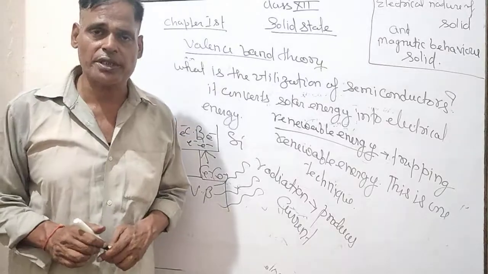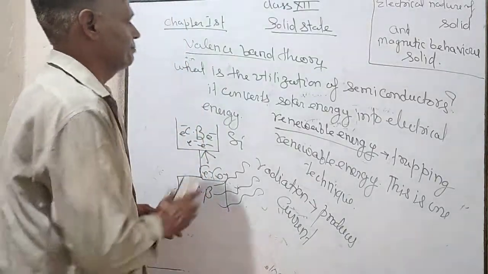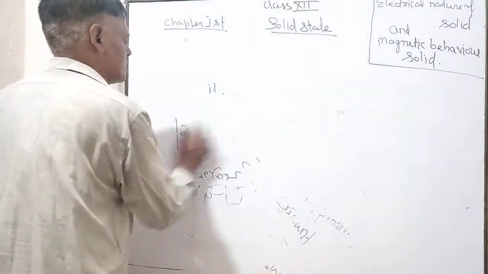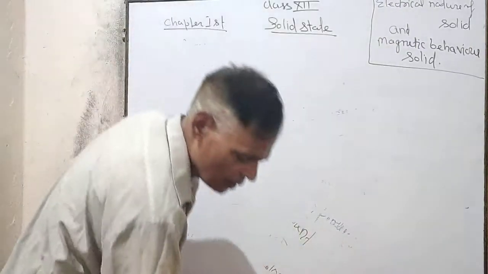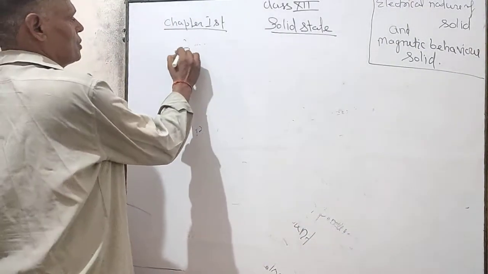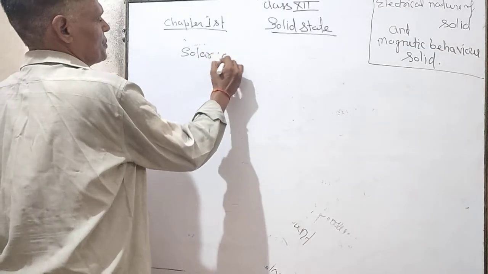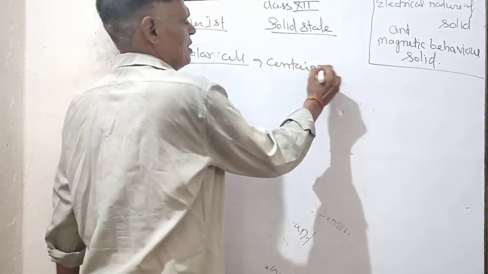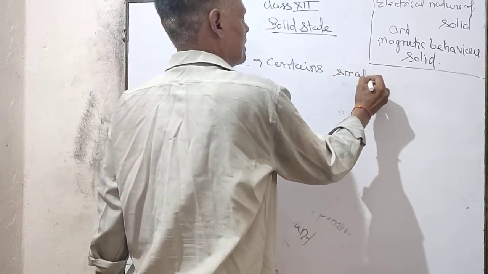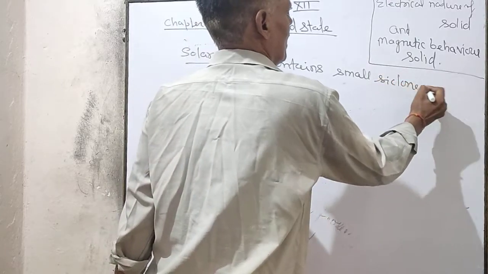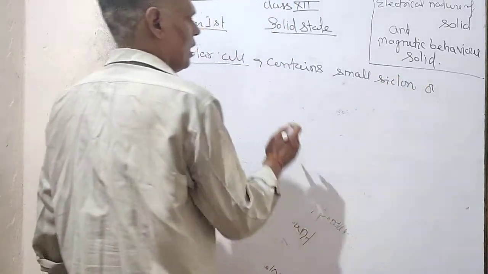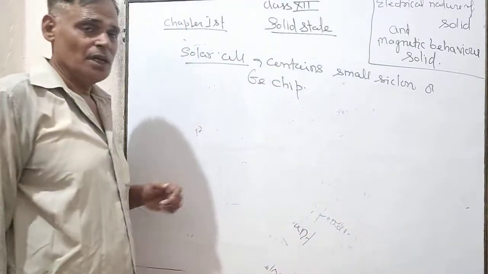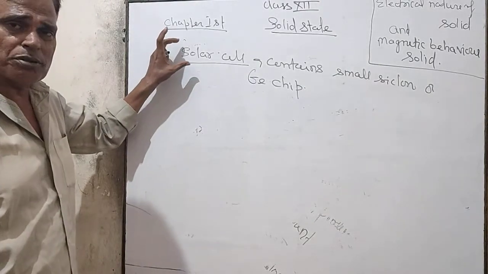Here we want to understand solar cells. Normally, what remains in a solar cell? A solar cell contains a small silicon or germanium chip. And what is the demerit of a solar cell?